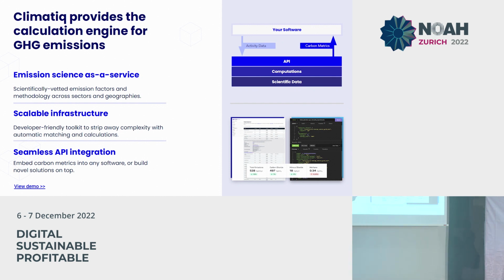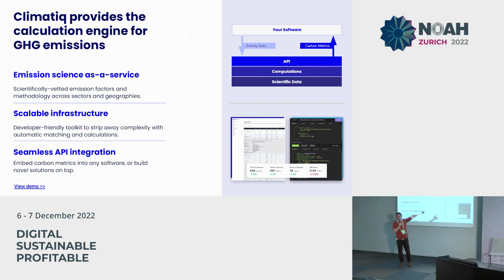So you see on the right here is our stack, the way we look at this. We have an underlying database of scientific data, mostly emission factors, some product carbon footprints, and then we make this available in an API. And between that, we do a lot of computation.